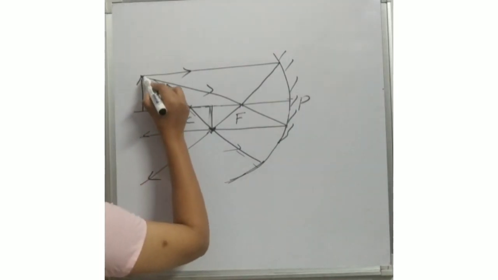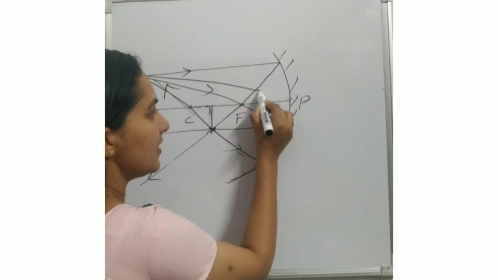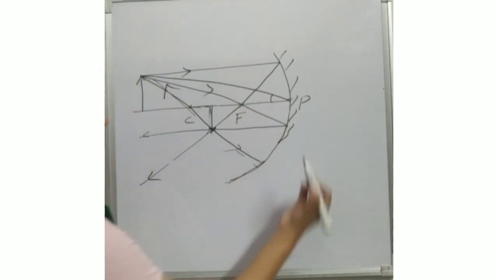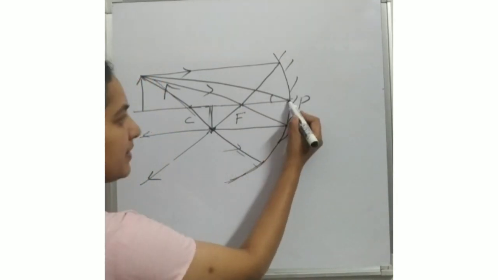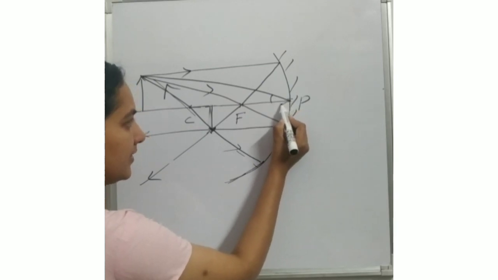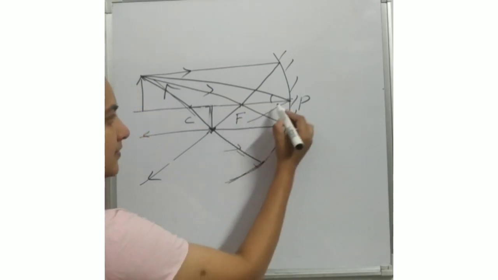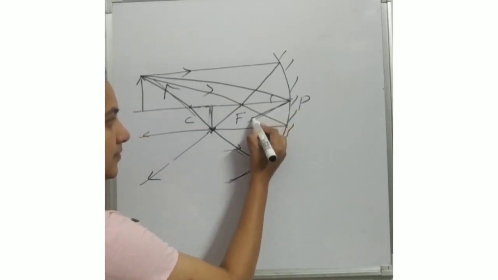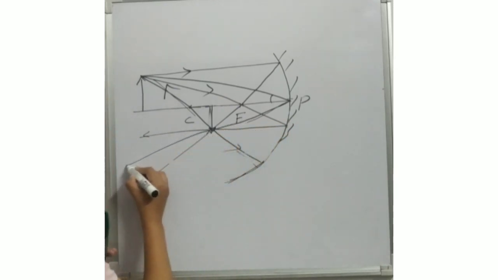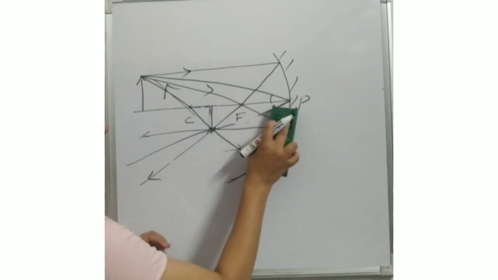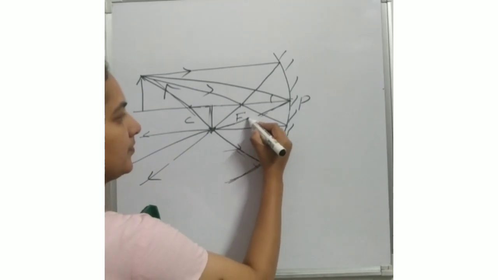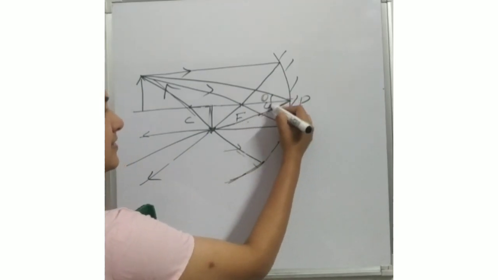Now, if a ray is incident at an angle, how will it reflect? By making the same angle.